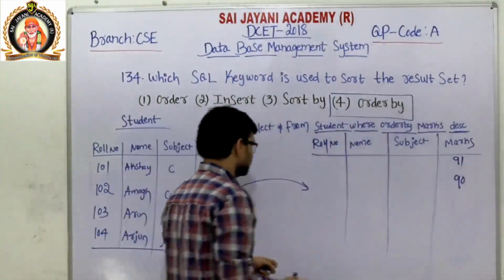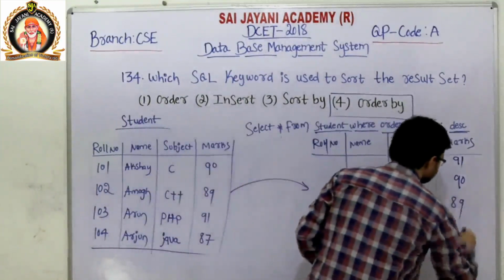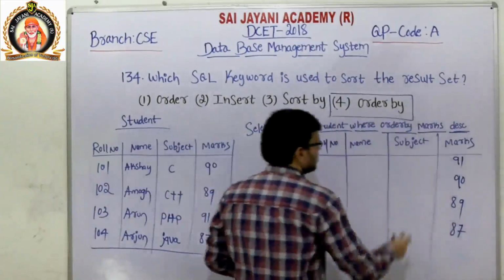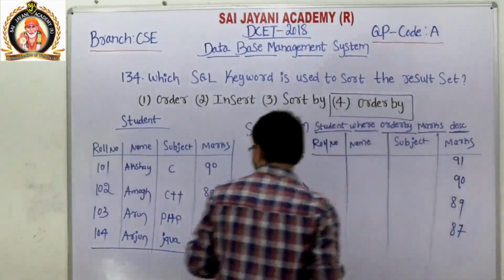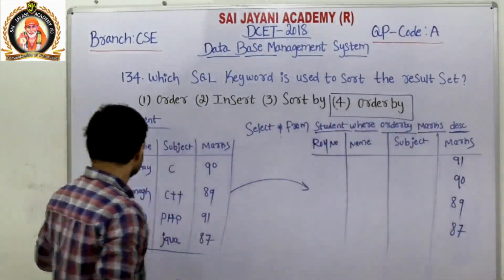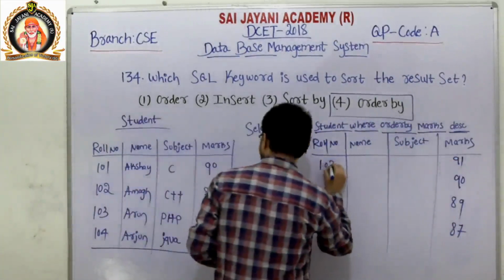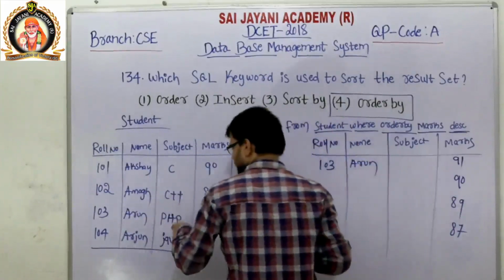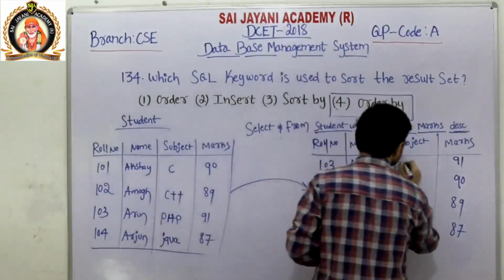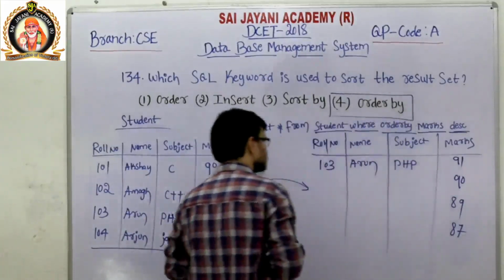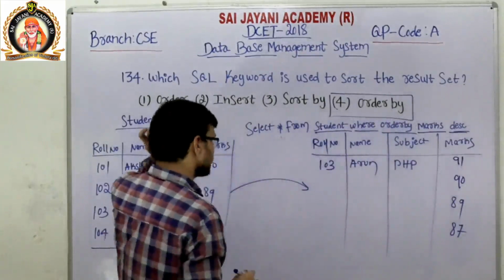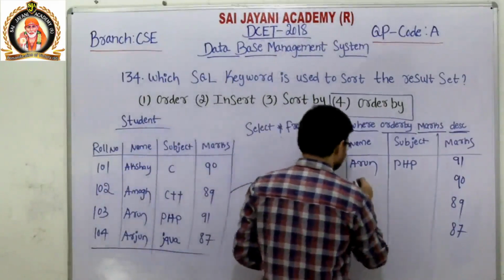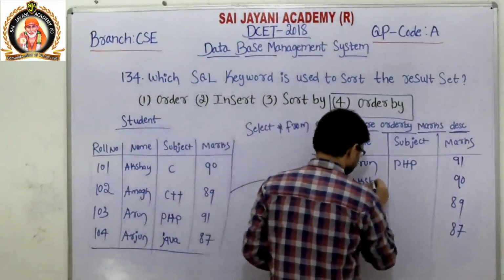After that, 89 and then 87. For 91 marks, who got 91 marks? That is roll number 103. His name is Arun, and he opted subject PHP. Similarly, for 90 marks, that is roll number 101. His name is Akshay.